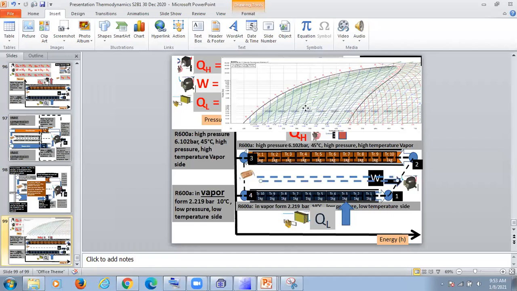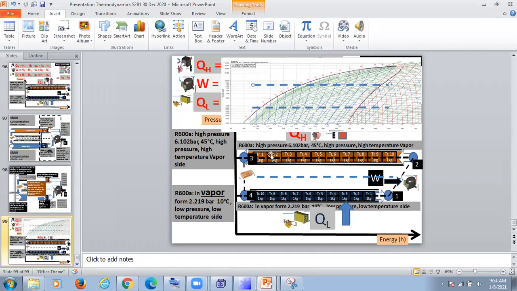I'm just putting this here, not checking any scale or specific values. Unloading, so high pressure and low pressure. Same way here, 2 bar and 6 bar. So high pressure line, low pressure line.